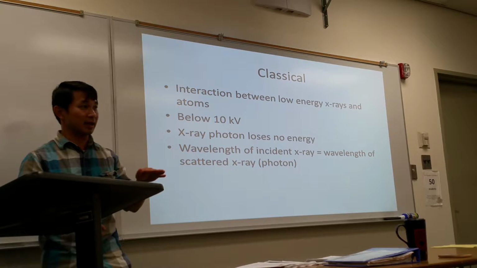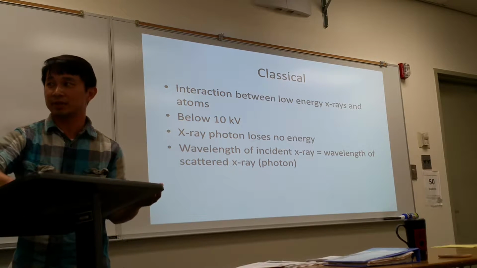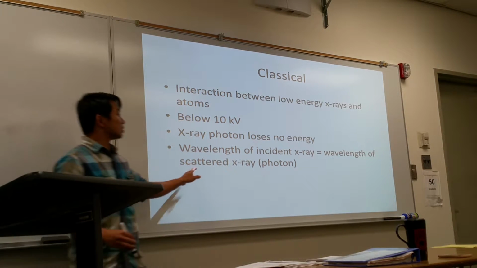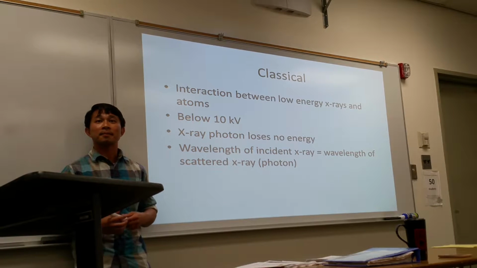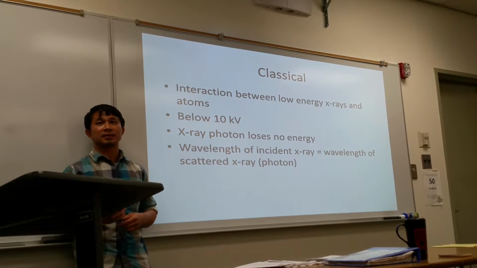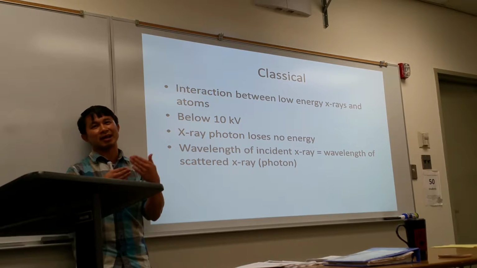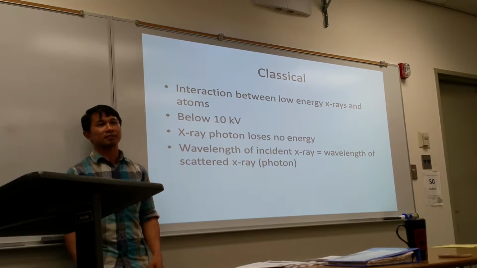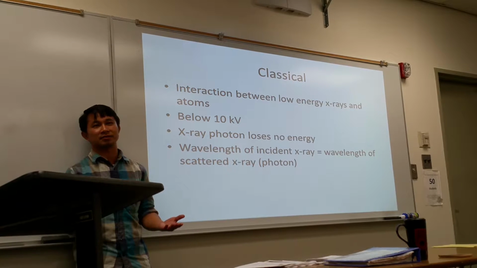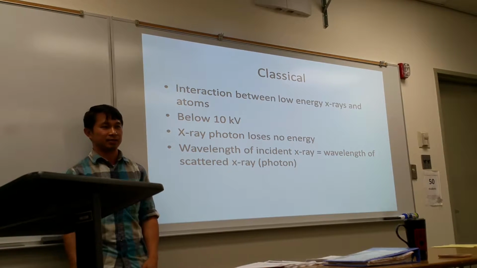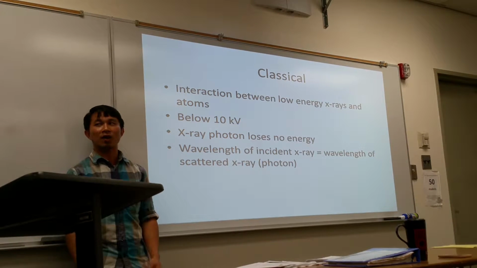So the wavelength of the original beam, the incident beam, is the same as the scatter radiation. They don't really change, because there's really no energy loss. It's already low as it is. So the original beam has the same energy as the scatter beam, and the wavelength of the original beam is the same as the scatter radiation.